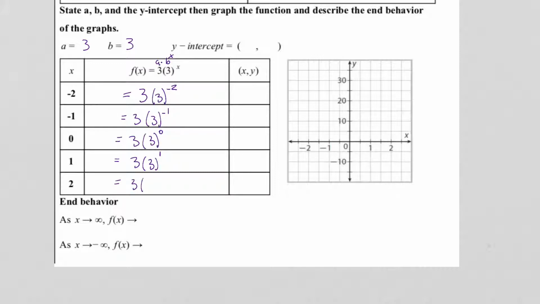And then 3 times 3 to the second power. So as we do that, we're going to get some values, right? These are all things you can punch into your calculator, and it'll give you all the values as well.